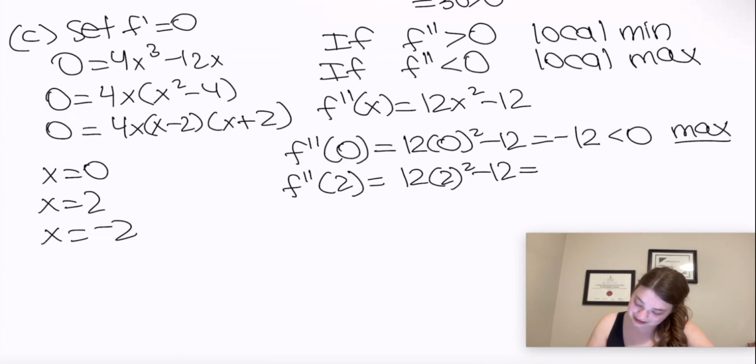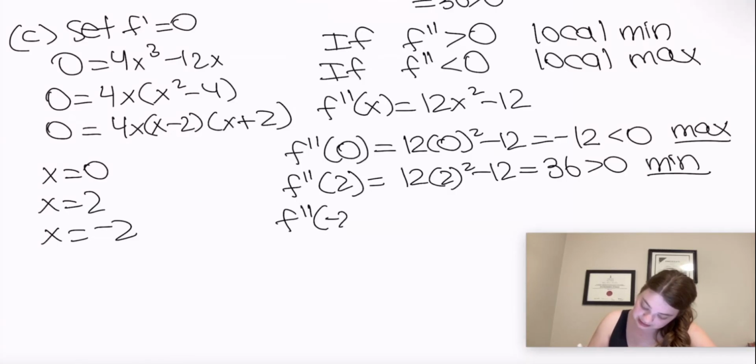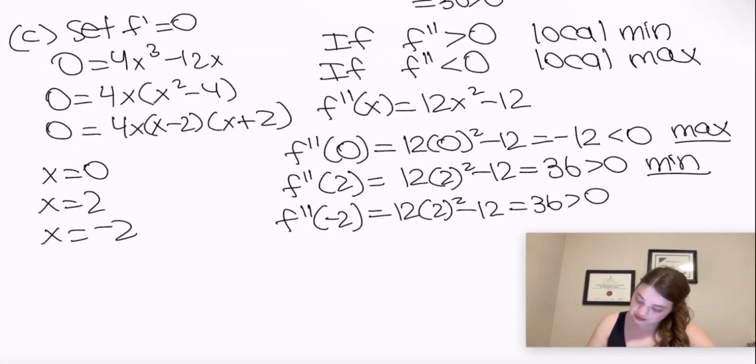That's going to still be 36, which is greater than 0, which means a local min. And then if we do -2, we also get a greater than 0, which means concave up, which means a local min. So therefore, there's a local max when x is 0 and a local min when x is 2 and x is -2.